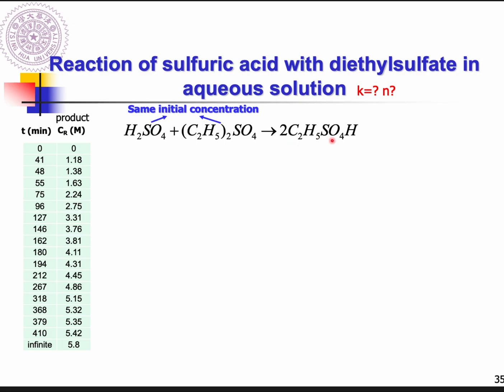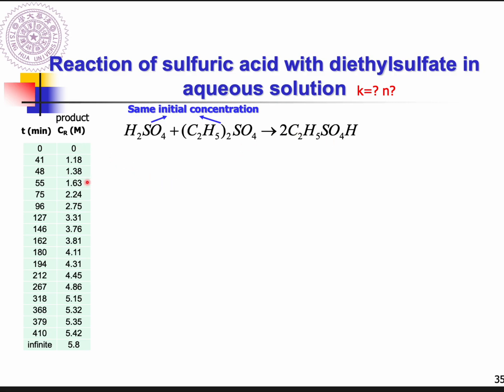And your question also forces you to use the integral method. But because we need to use the integral method, the particular forms I derived for zero, first and second order are expressed in terms of XA, fractional conversion, as a function of time.